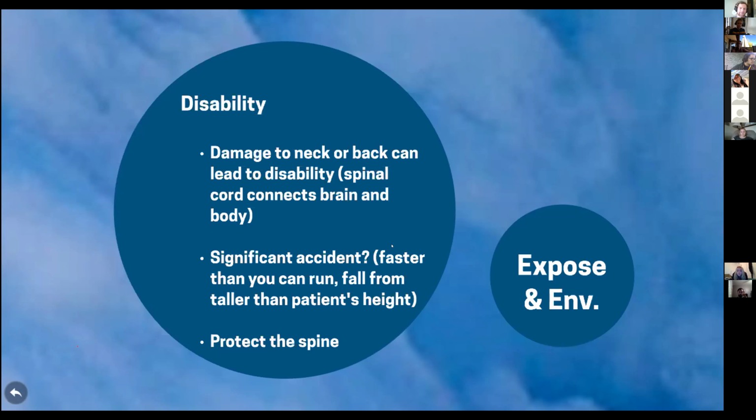So this is significant. And then the fall from taller than the patient's height: if I'm 6 foot and I fall from 10 or 15 feet, that's going to be significant. This varies depending on where you get trained, but this is a nice binary to think about. This is a high risk mechanism of injury, or it's maybe not so high risk.